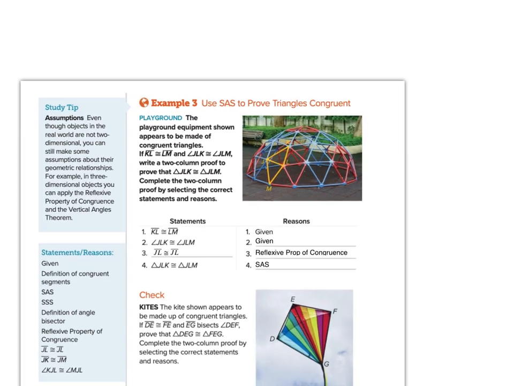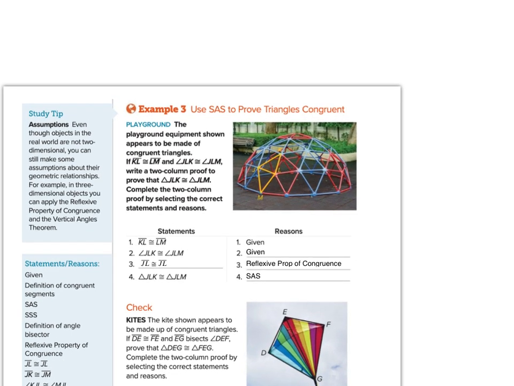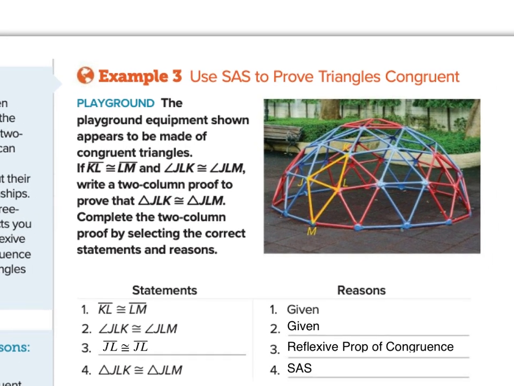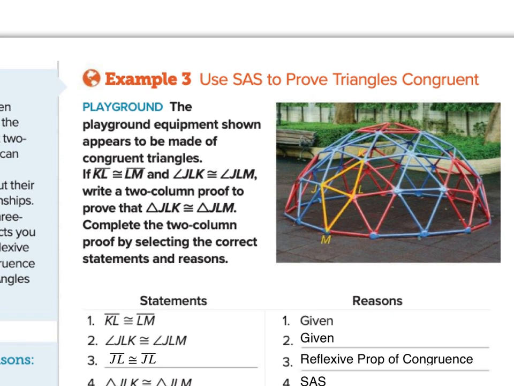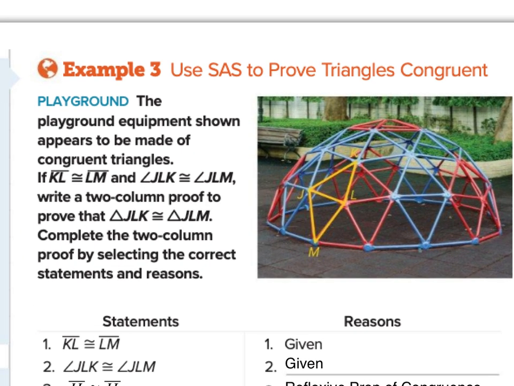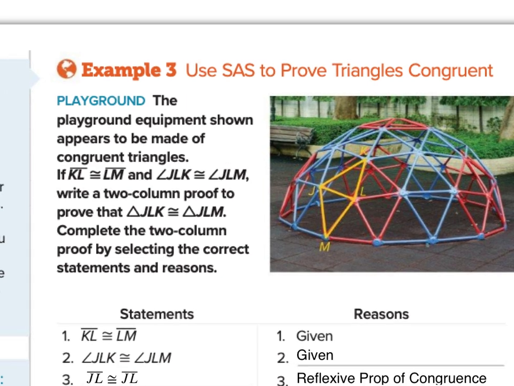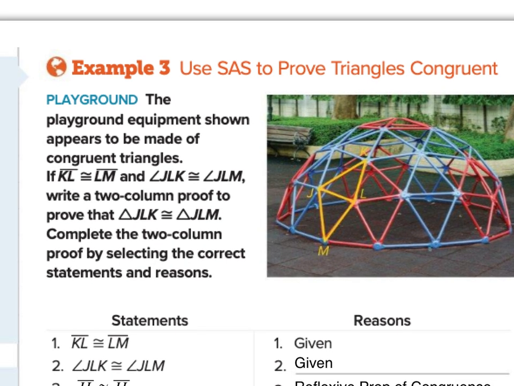So coming over here, not really too concerned about some of this stuff, but what do we need to know? Playground equipment appears to be made of congruent triangles if LK is congruent to LM, and then we know that JL is congruent to itself because they share that same side.